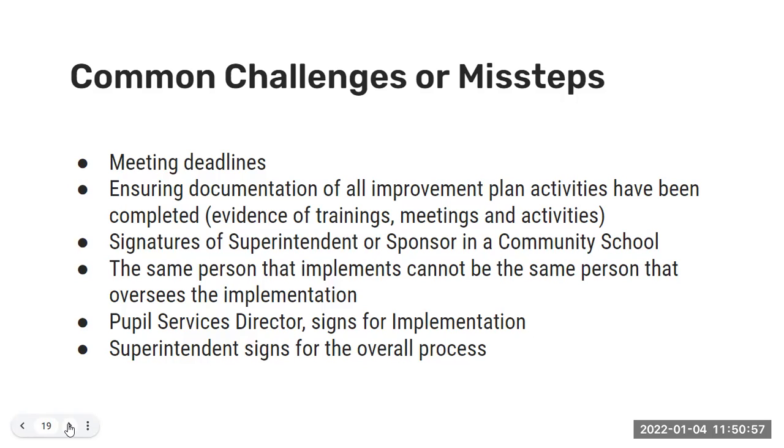You're overseeing with your staff that this is being implemented, but the district lead, which would be your superintendent or sponsor in a community school, must be the person that signs the other area, because you cannot sign both areas. So once again, the pupil service director signs for implementation. The superintendent signs for the overall process.